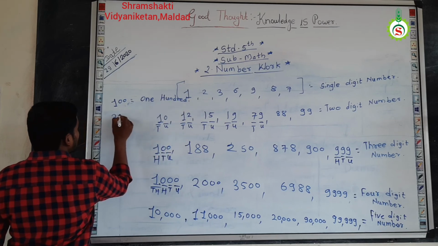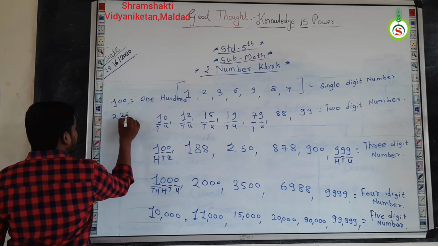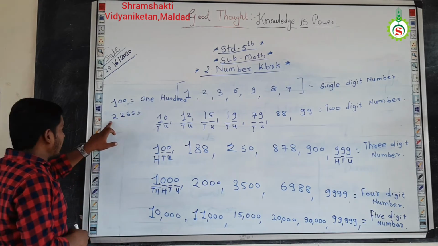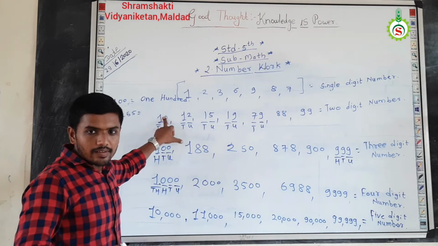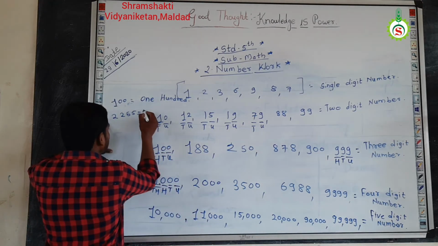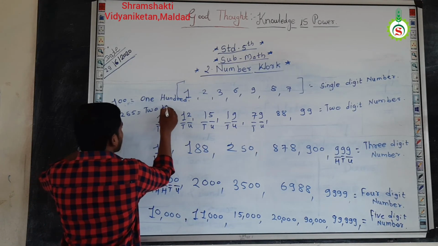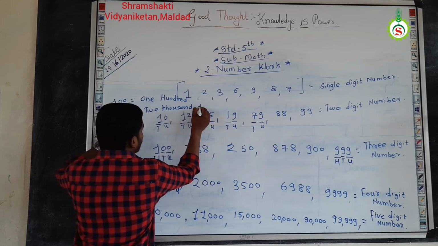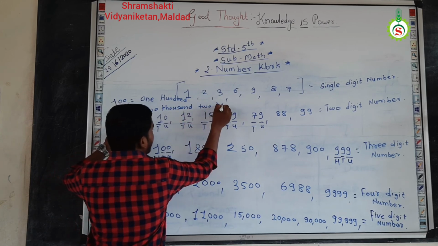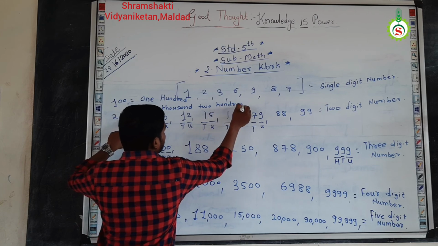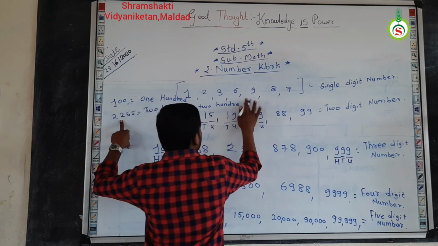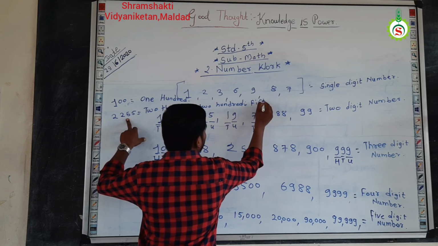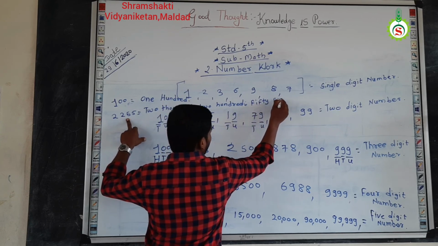Suppose we have written 2255, a 4 digit number. Then you have to write that number in words also. That means 2000, 200, 2255.